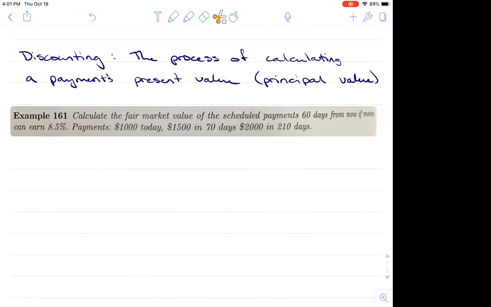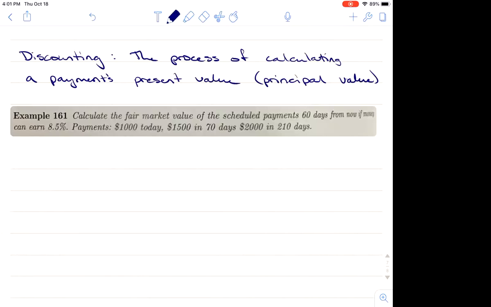So what's the fair market value 60 days from now? That's what we want to know. Because we're interested in the 60 days, even though it doesn't tell us that's the focal date, if I want to know the fair market value at 60 days from now, that's going to be my focal date.